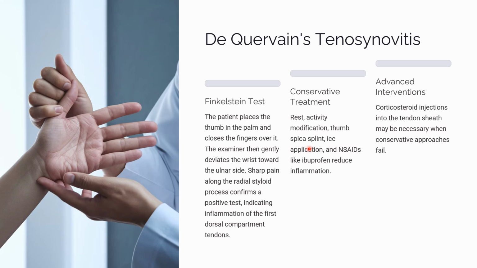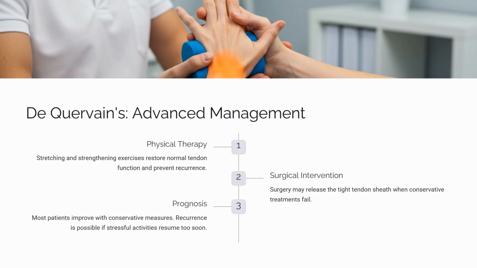So these are conservative measures, or if it is even more severe, NSAIDs, anti-inflammatories like ibuprofen, can be given. Sometimes, where nothing works, corticosteroid injections into the tendon sheath can also be done. Once all that is done, stretching and strengthening exercises will restore normal tendon function and prevent recurrence.